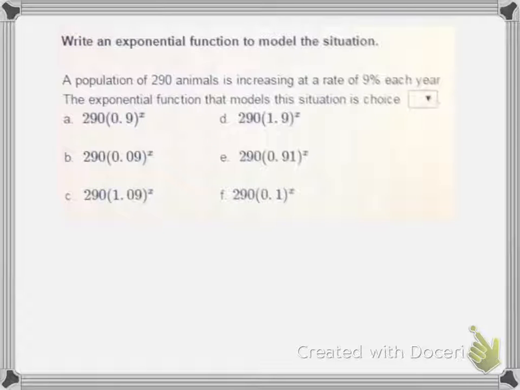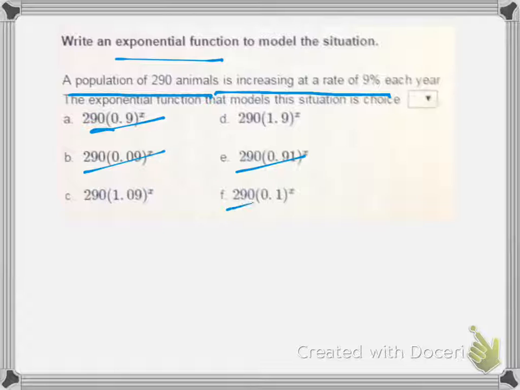Another problem straight off of your exam and off of your final. It's an exponential function. I gave you that clue, gave you the initial amount, and the fact that it's increasing at 9% every single year. An increase has got to be above 1. That would eliminate this answer, this answer, this answer, and this answer.